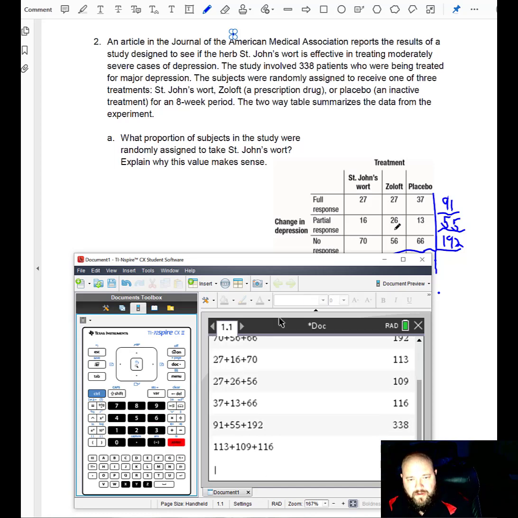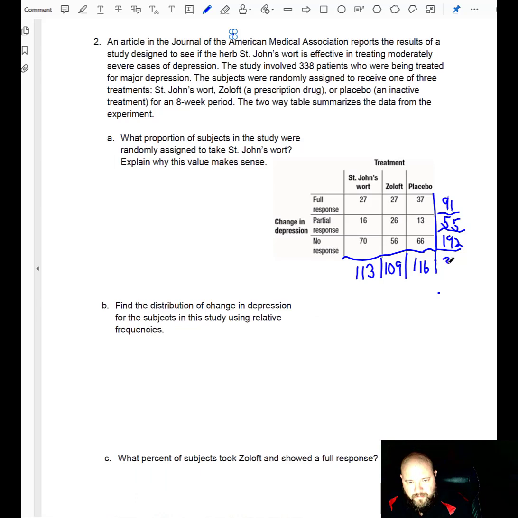So they both equal 338. So we know we got those right, because this total should equal 338 and this total should equal 338, which makes sense. Hopefully that makes sense to you.